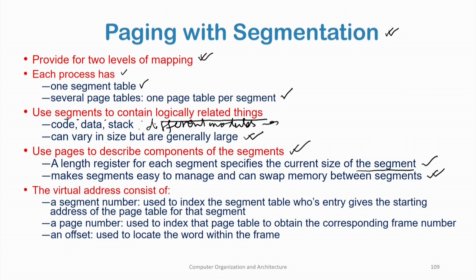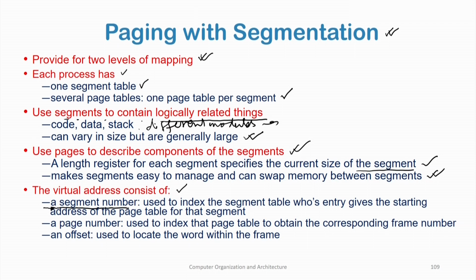So, the virtual address now consists of what? Previously the virtual address was divided into two parts, a virtual page number and a page offset. Now, it will be divided into three parts. It will first have a segment number.